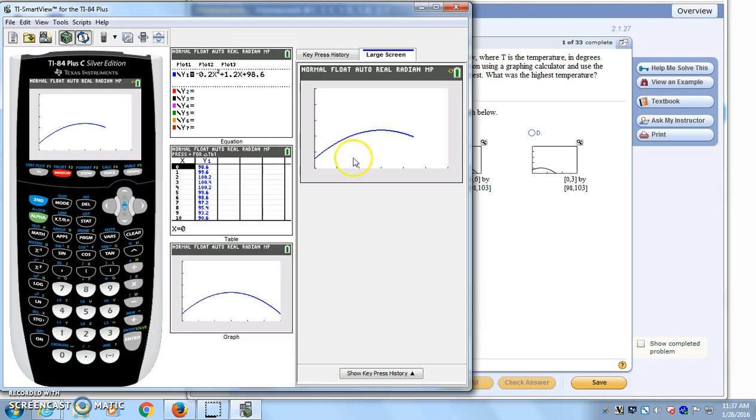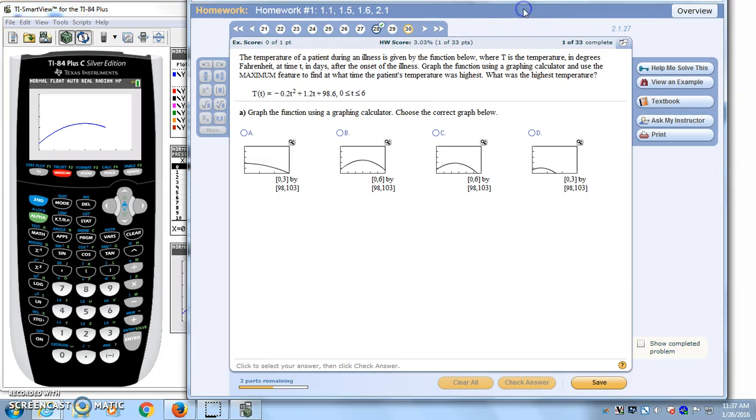Yeah, for some reason my calculator stopped working, but we can definitely see that it goes up to 1.2, in between the second and the third tick mark. So it's going to be option B. It's definitely from 0 to 6 because the problem says that. And this one goes between second and third tick mark.